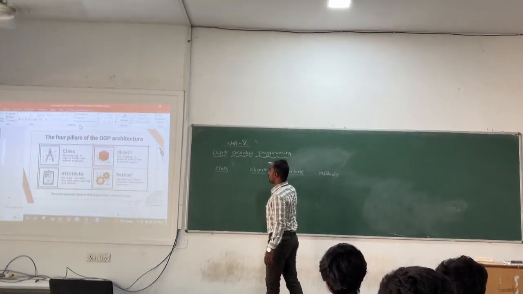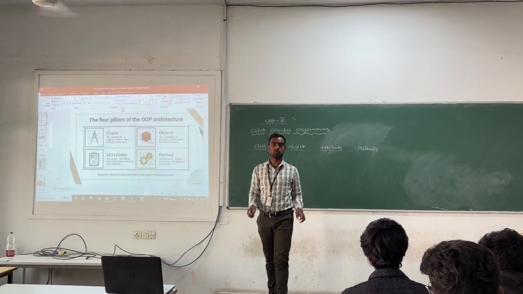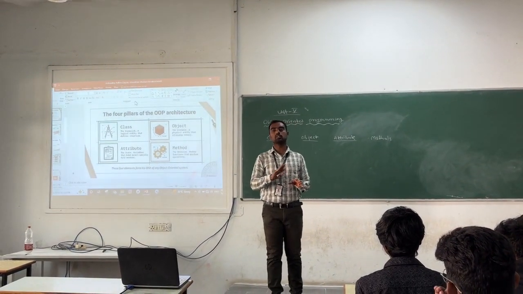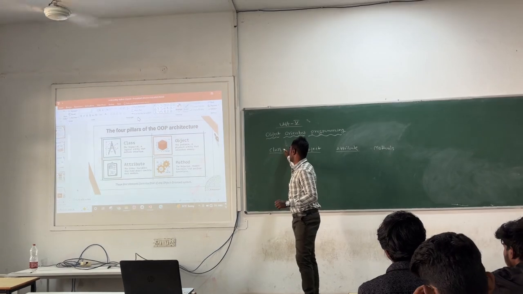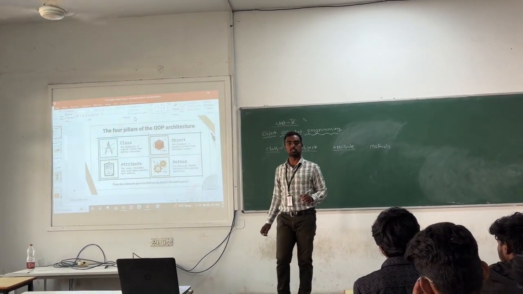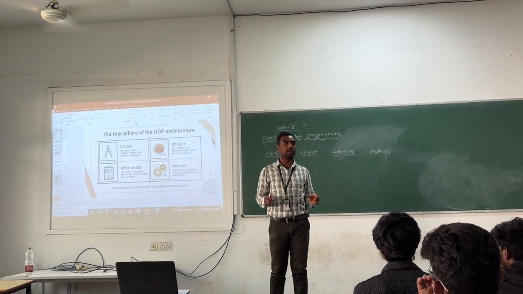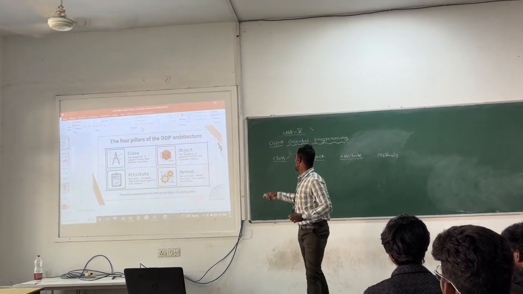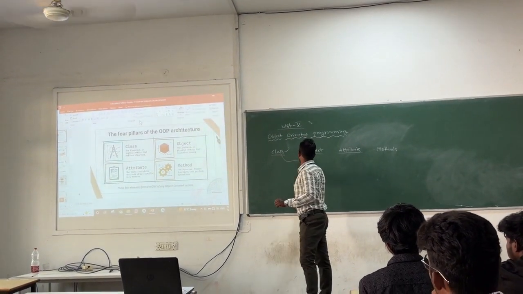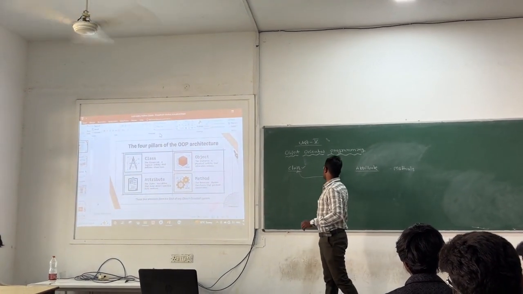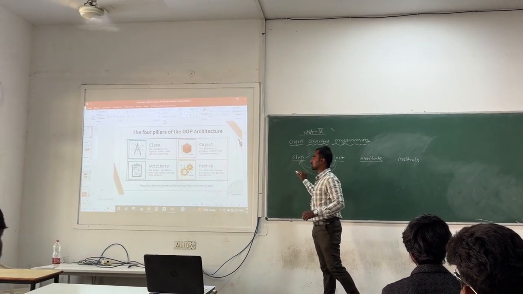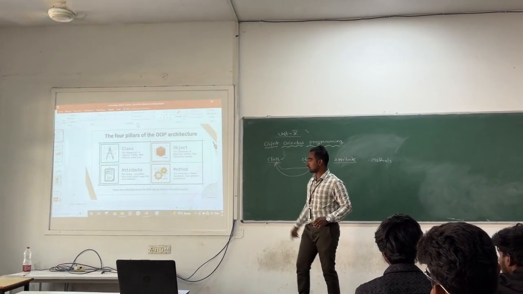These four are interlinked, and they depend on each other. Class is the main instance. Class and objects both are related. Here object is an instance of class.